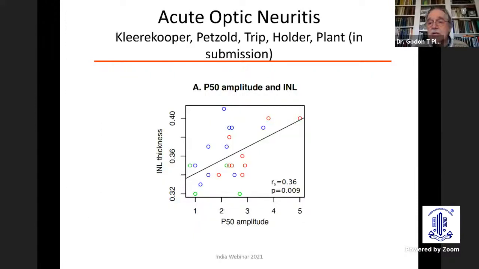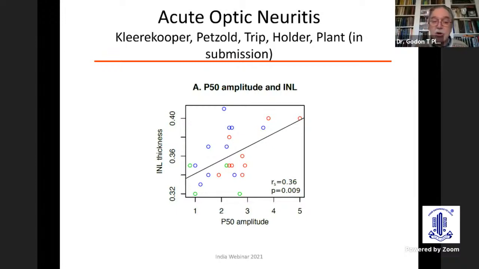So what we're doing now is combining OCT with neurophysiology. And we have a paper in submission now, which shows that there is a relationship between the P50 amplitude of the pattern ERG, which reflects retinal function, particularly bipolar cell function, as opposed to the N95, which is ganglion cell, and that relates very clearly to nerve fiber loss and ganglion cell loss.